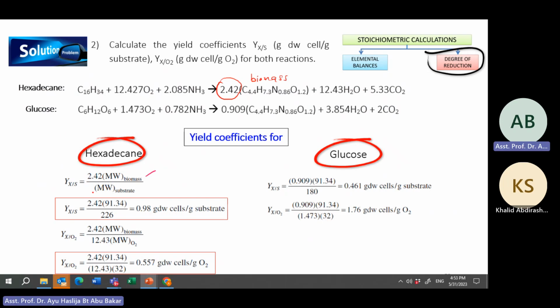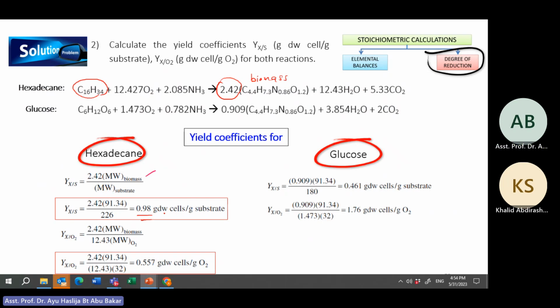Okay, so divide by molecular weight of the substrate. Substrate here is the hexadecane. So sum up all together. 16 multiplied by 12 plus 34 multiplied by 1. You will get this figure. So this is the amount of Y. 0.98 gDW.